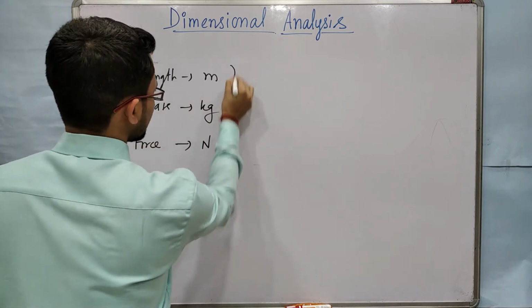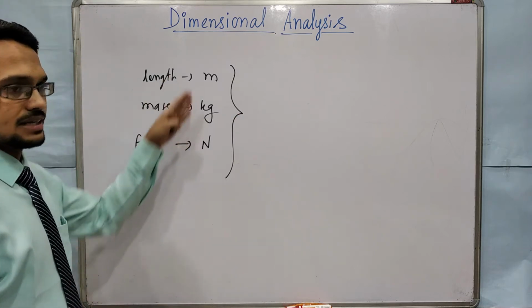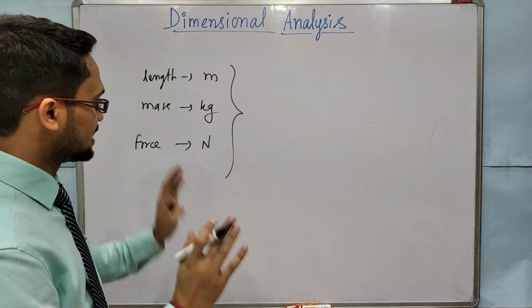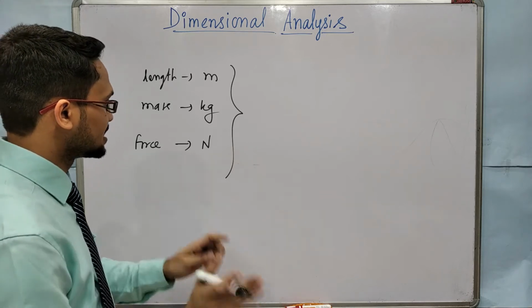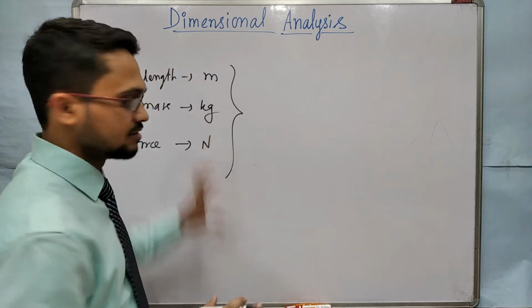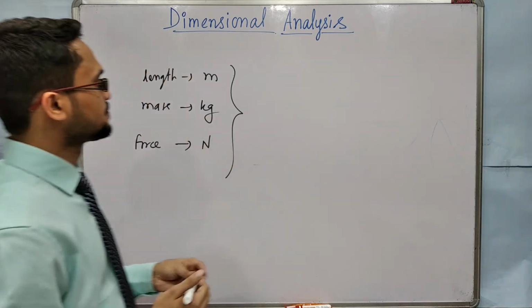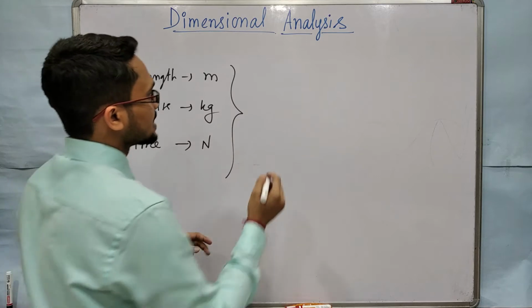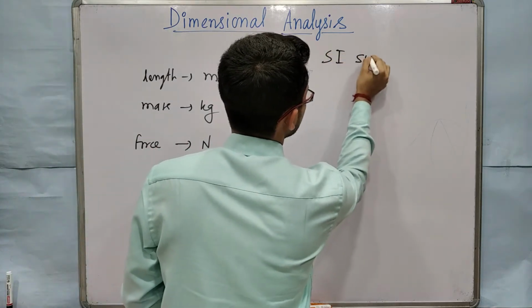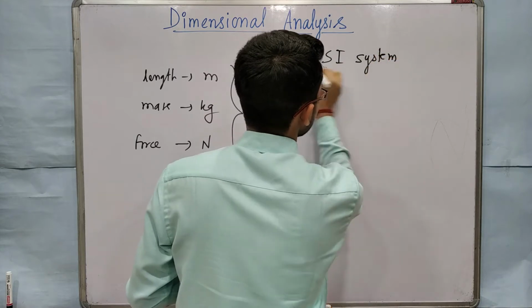These are the units of different physical quantities. But here you will remember these quantities with their dimensions, not units now, only with their dimensions. There are 7 basic quantities in the SI system that you already know.